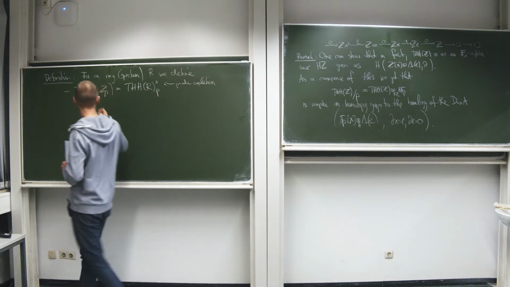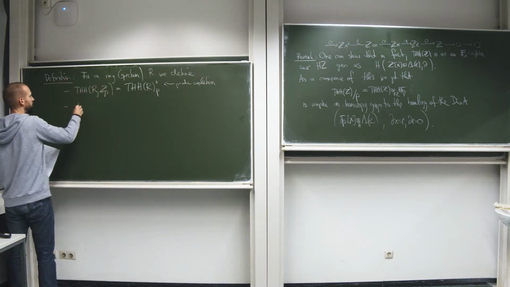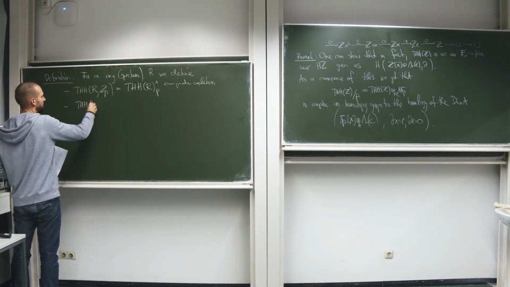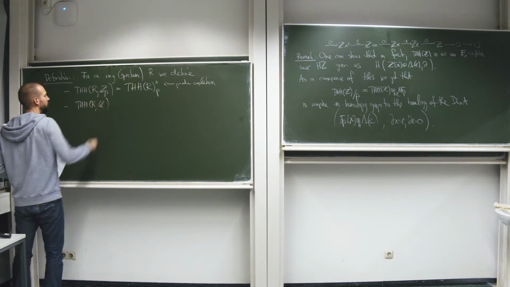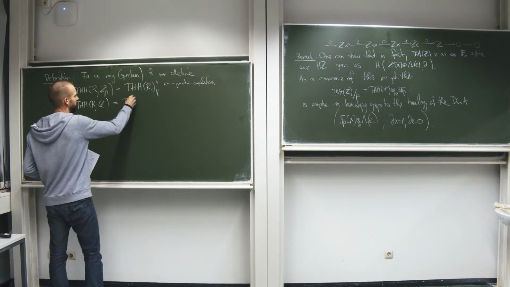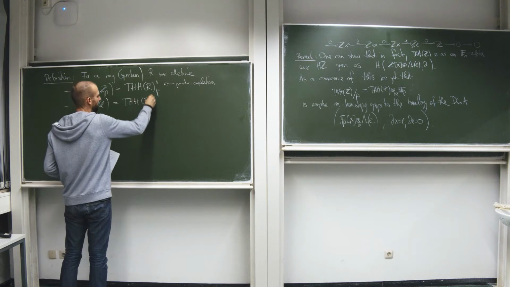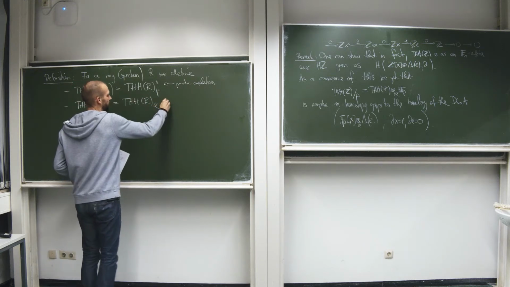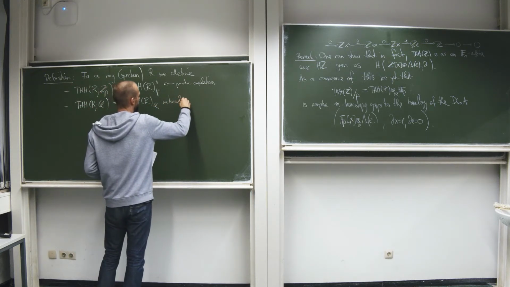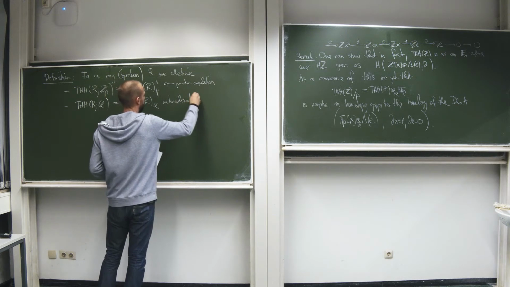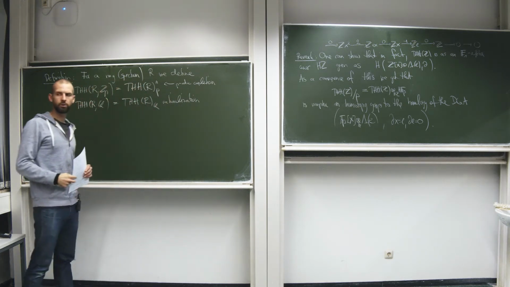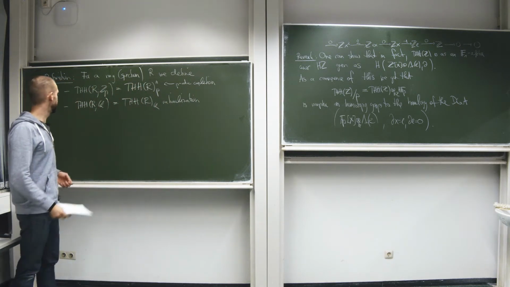Okay, so this is the p-adic completion, and then I also introduce the notation THH of R with Q coefficients, and that is just supposed to be the rationalization. Again, this notion is also explained in this companion video.